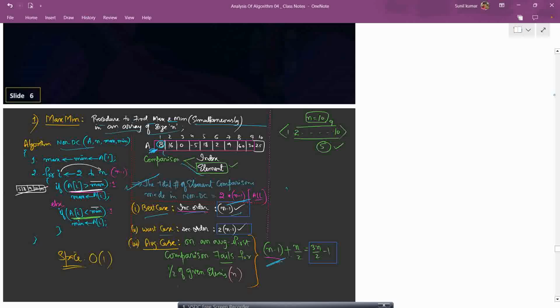Non-DC max min: max is equal to a1, min is equal to a1, for i is equal to 2 to n. If a[i] is greater than max, max is equal to a[i]. Else if a[i] is less than min, min is equal to a[i]. So the time complexity would be big O of n, I think.